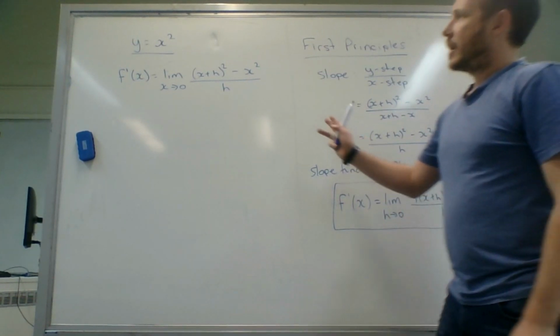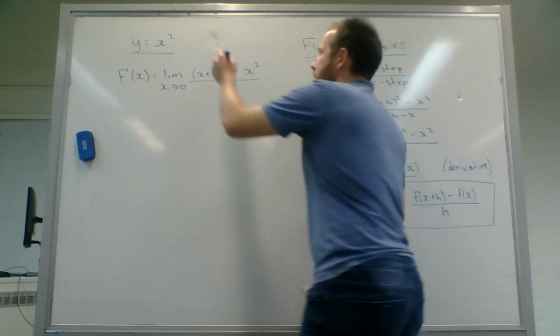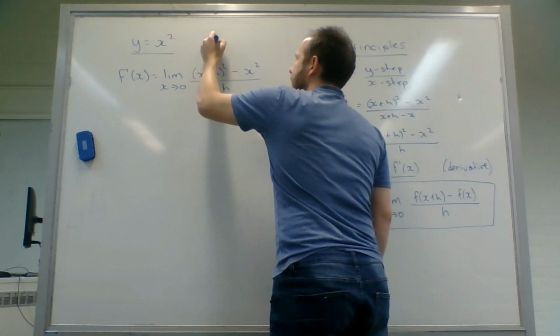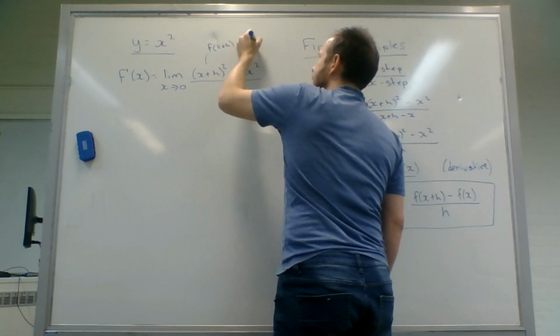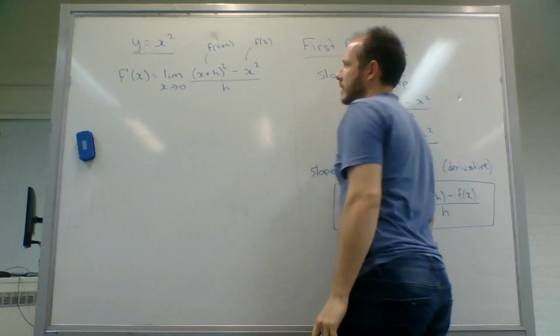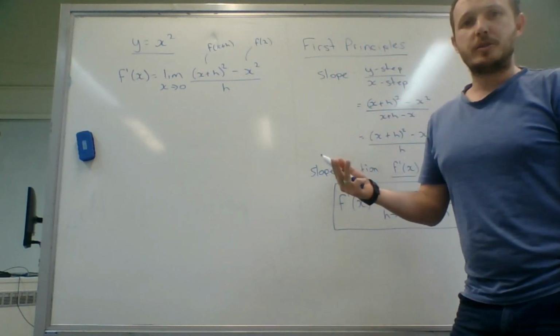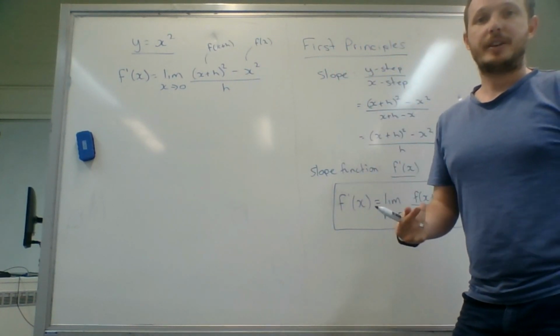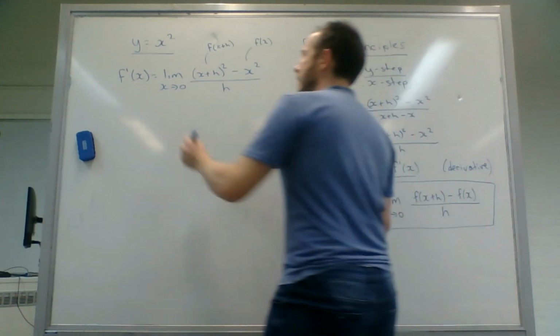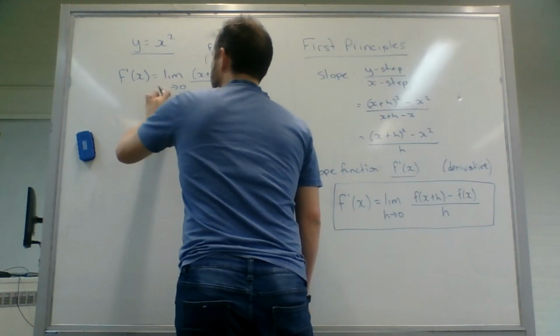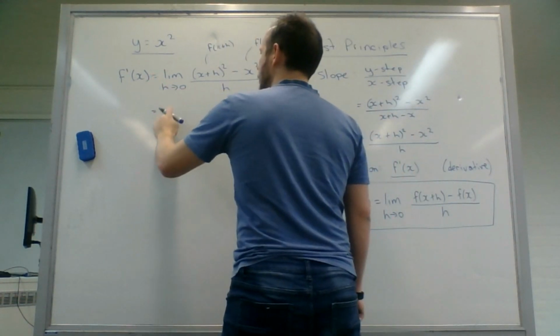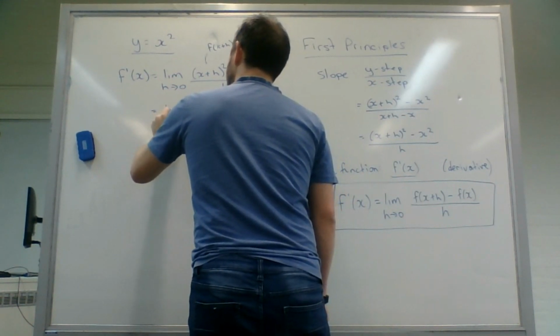Remember, this here is f of x plus h, and this here is f of x. Now, we're going to do a simplification to calculate the derivative. Sorry, this should be h, my bad. So this should be the limit as h goes to 0.